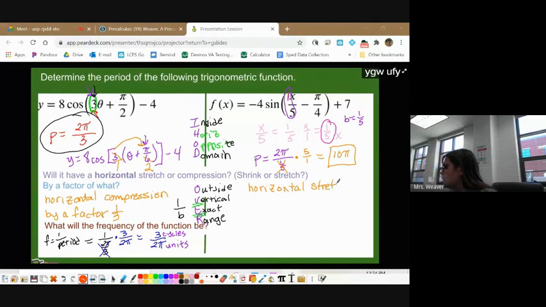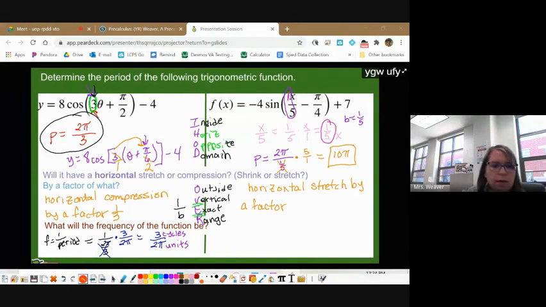By a factor of... We said it's always 1 over b for the horizontal stretch. So 1 over 1/5, which just means the reciprocal or the flip of the fraction.